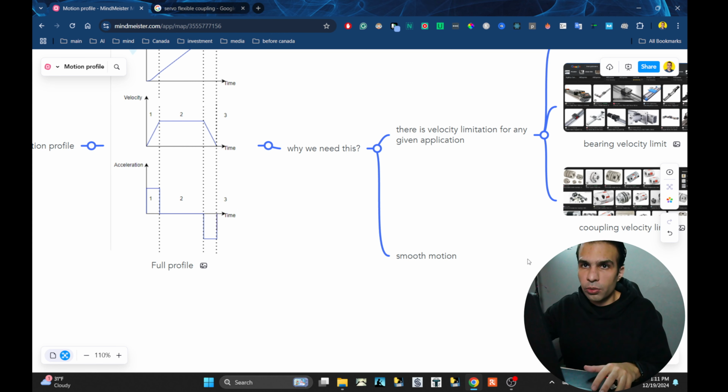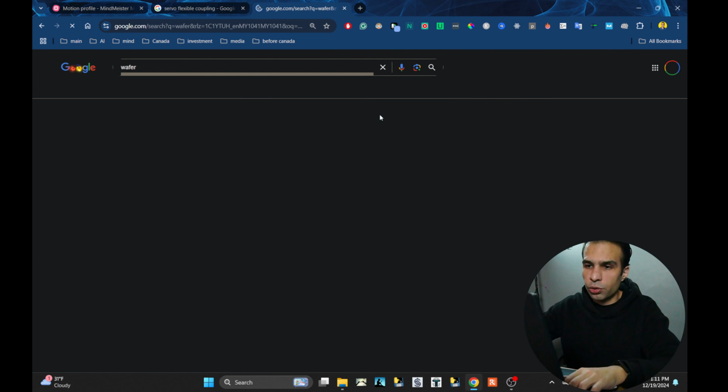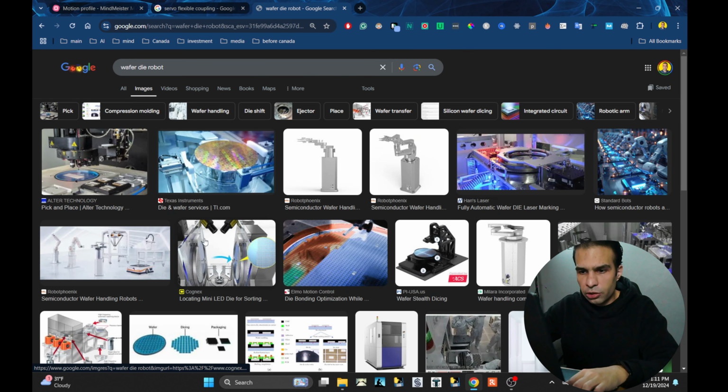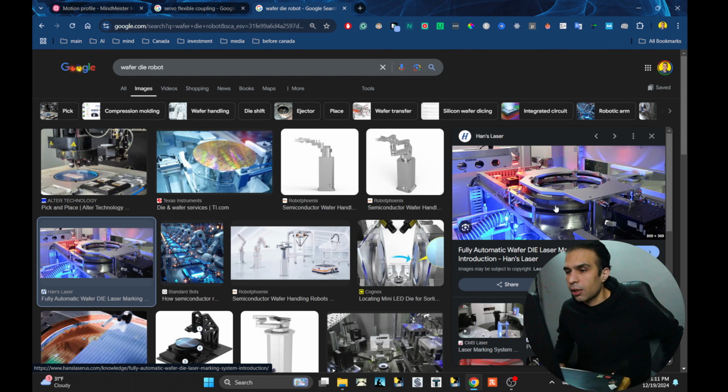Imagine you are moving something delicate, for example something like a wafer. Let me show you a wafer. Imagine a scenario where somebody gives you a wafer and asks you to transfer it from one location to another. This is a typical machine that you see in semiconductor manufacturing. I'm from Semico.